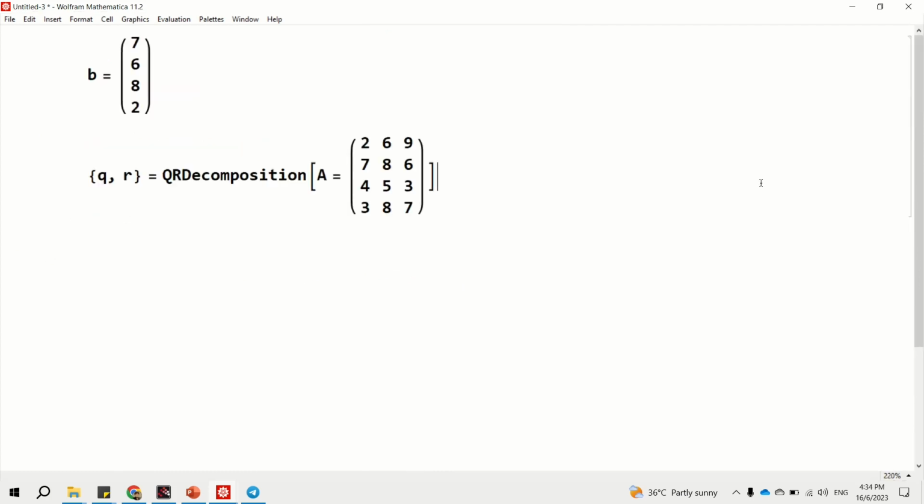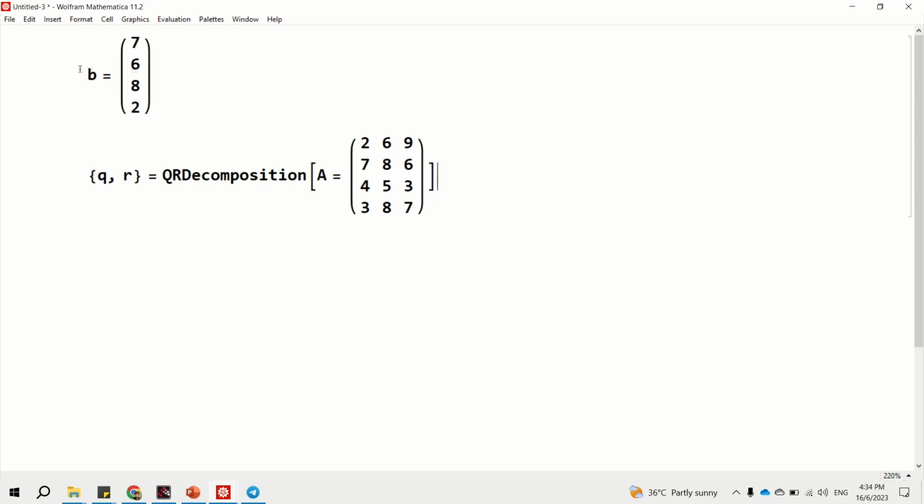Okay, hi, welcome back. Now we are going to find the value of x from the same matrix of the same linear systems, but now we are going to use QR factorization. For QR factorization, it is so simple.